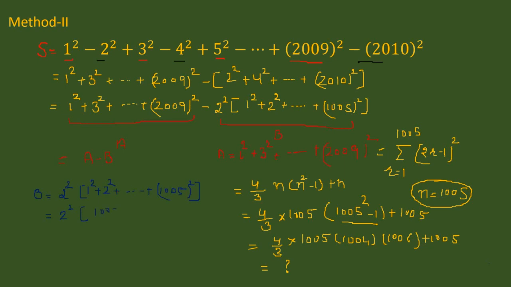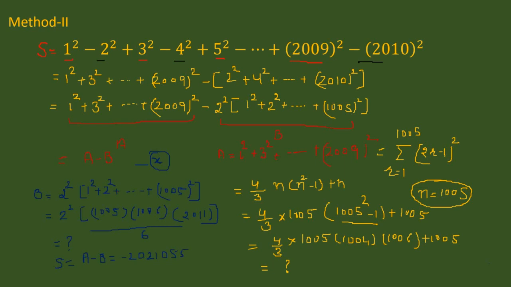So 1005 times (n plus 1) 1006 times (2n plus 1), where 2n is 2010 plus 1, that is 2011, divided by 6. So you can compute S equal to A minus B. Put the values of A and B here and you will get minus 2021055. So this is method 2.